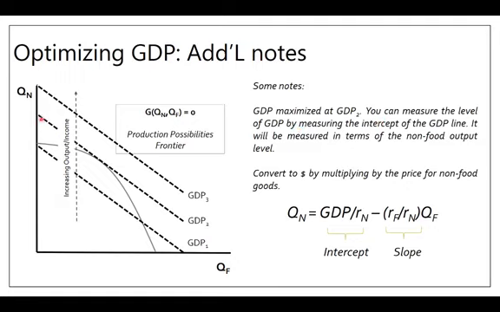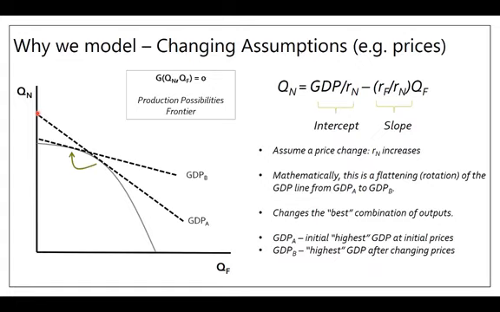We can measure the level of GDP over here in terms of QN, and then if you wanted to recover the actual dollar value of GDP from this solution, you would just multiply QN by its price, and you would get the dollar value GDP. But this is a real measure, right? So the beauty of economics is you can measure things in dollars, which have no meaning outside of the ability of the government and everyone to agree that they mean something, or you can measure it in terms of goods as long as you know how goods get exchanged for one another.